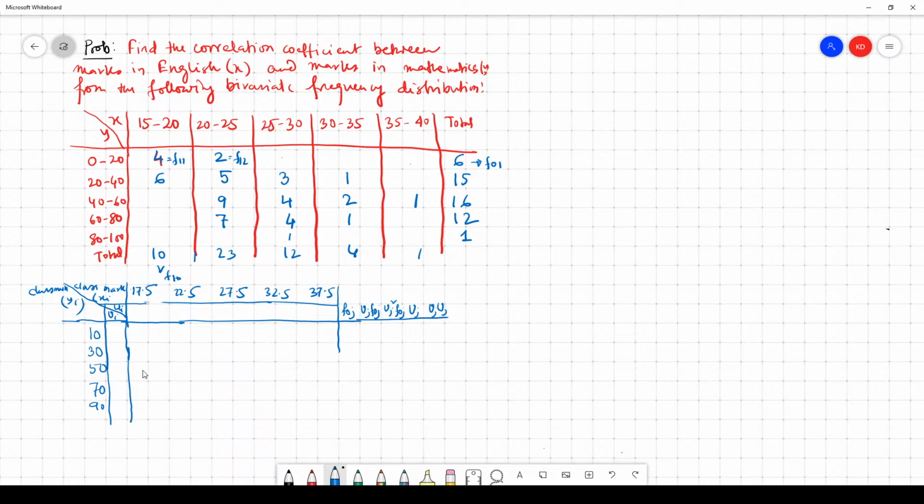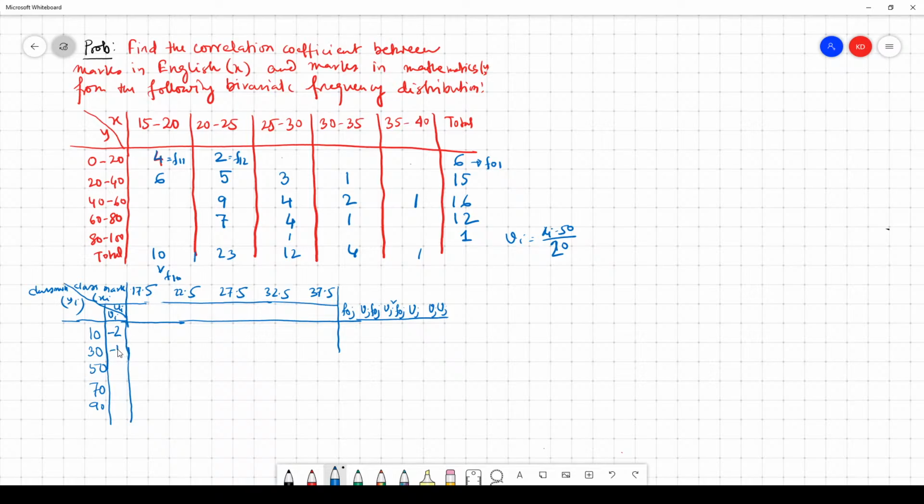So this is minus 2, Vi is minus 2. So Vi is xi minus a, where a is the mid value. Vi equal to mid value is 50. So we should take xi minus 50 divided by width. Width is 10, sorry, width is 20. So 10 minus 50, that is minus 40, divided by 20, that is minus 2.